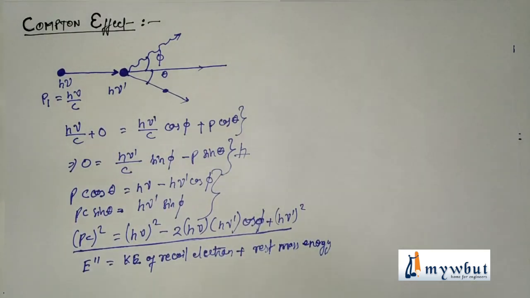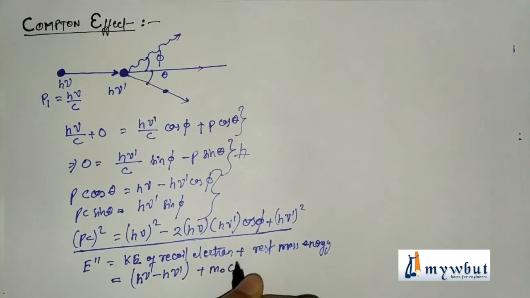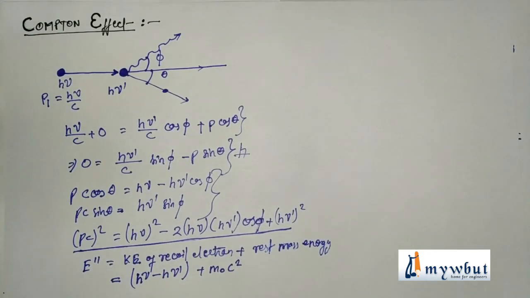So what is the kinetic energy of the recoil electron? It is the energy transferred to the electron by the photon, plus the rest mass energy. So we can write it as h nu minus h nu dash plus m naught c square. So we can write in this form.